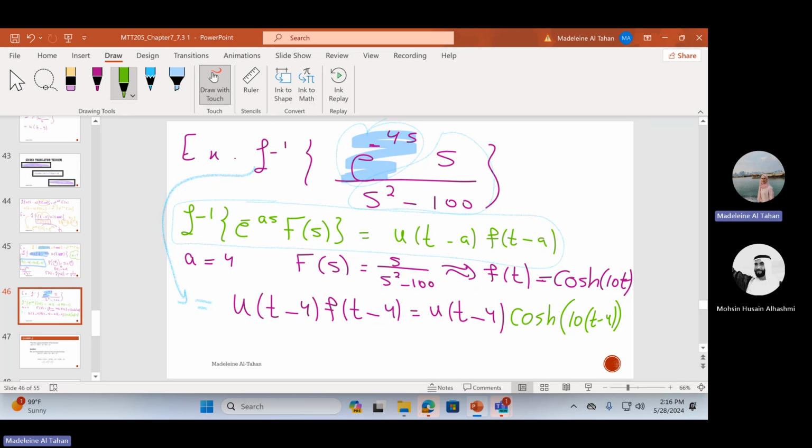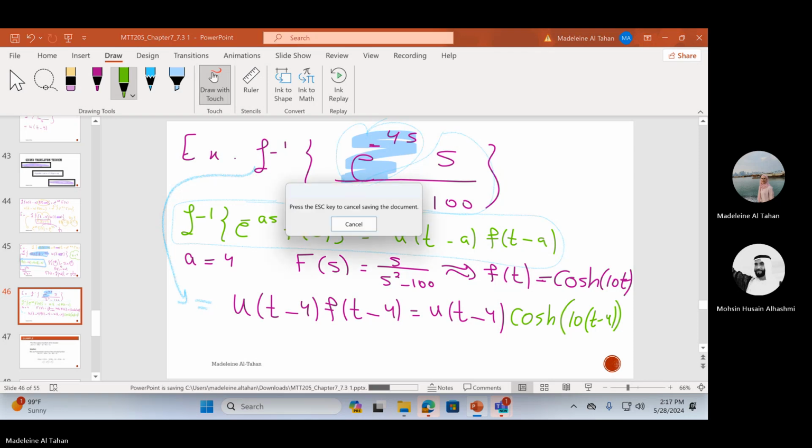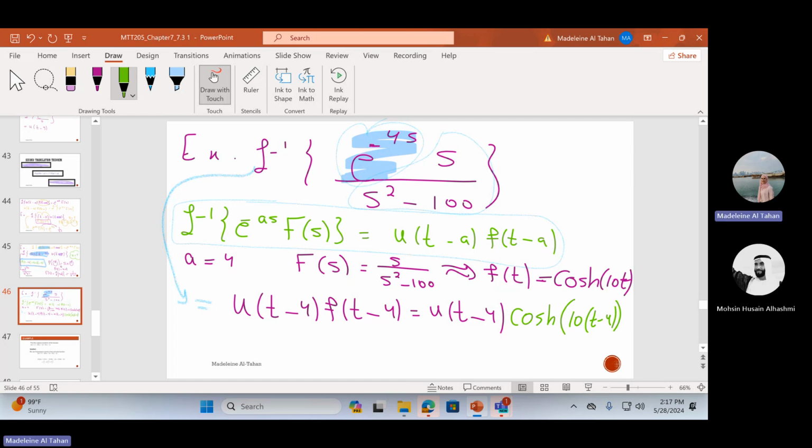Now, if you look here, the Laplace inverse in this case is easier than the Laplace, right? Should we change the 4? The a.